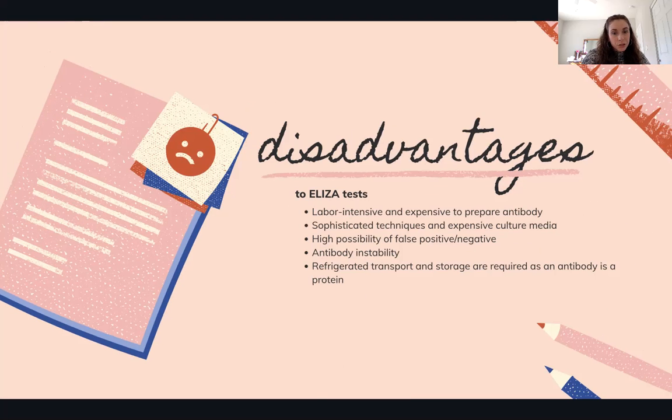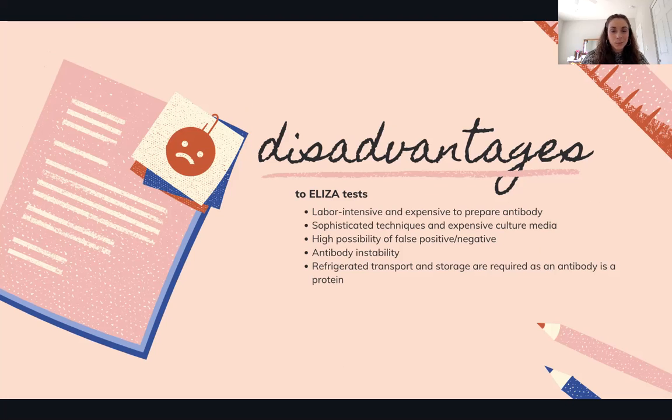Some disadvantages include that preparing the antibody is labor intensive and expensive for labs, and it also requires sophisticated techniques and expensive culture. There is a high possibility of false positives and negatives, which is commonly heard in today's lingo as COVID-19 is very common, and I'll get to that in a second.